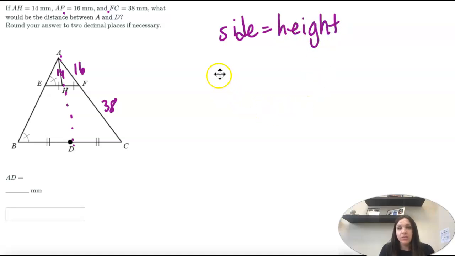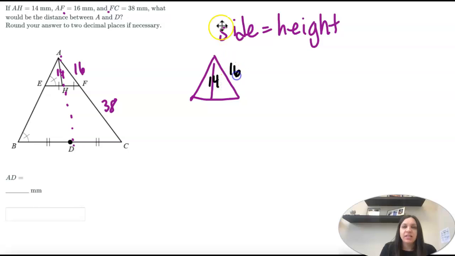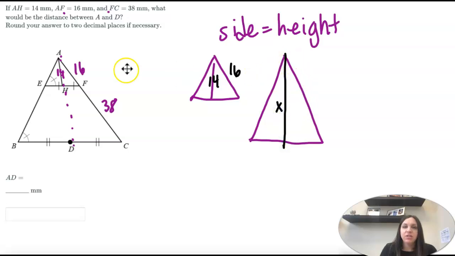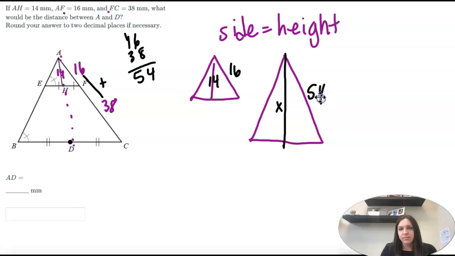Those are the same. Okay, so I have my little triangle here where I know the height is 14 and the side length is 16. On the big triangle, we're trying to find the height, that's our x, and we know the side length is 16 plus 38, which is 54. Okay, so our side ratio is 16 to 54 equals our height ratio, which is 14 to x.